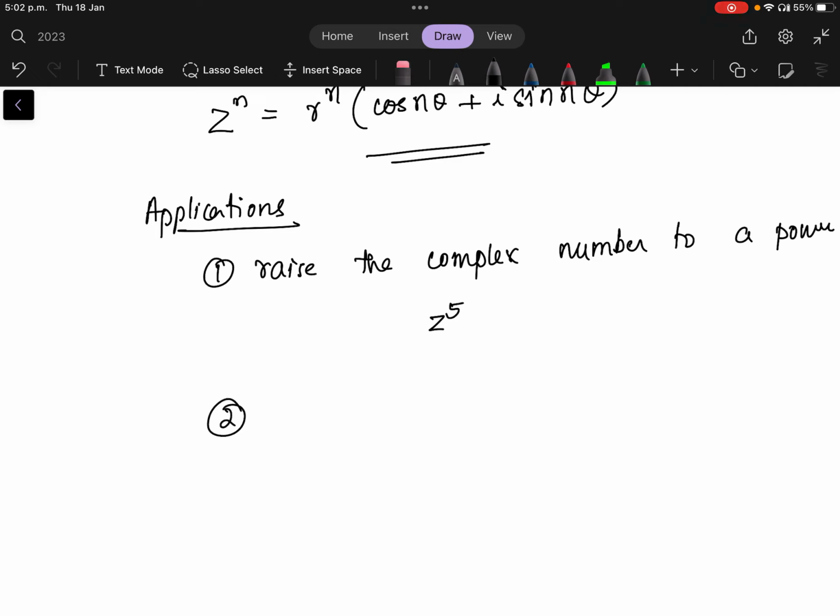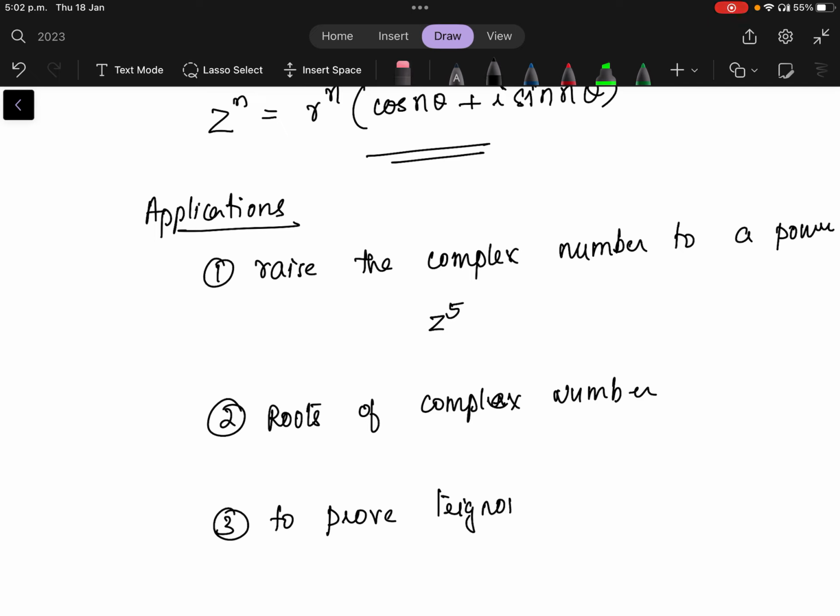They will ask you a question like this. Second is to find the roots of a complex number. The third is to prove trigonometric identities. I have a playlist with detailed videos on all these three. So if you are interested, please go through that and try to understand De Moivre's theorem.